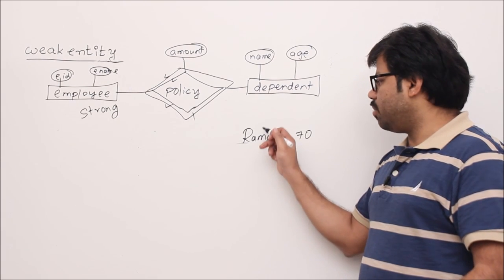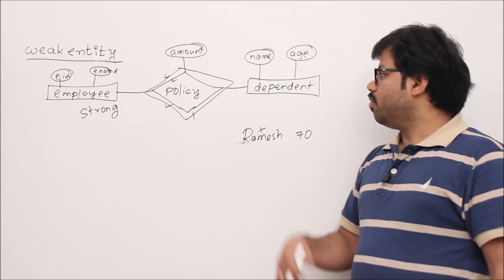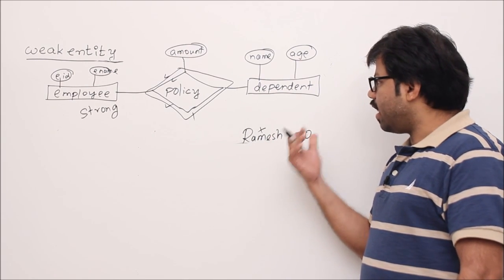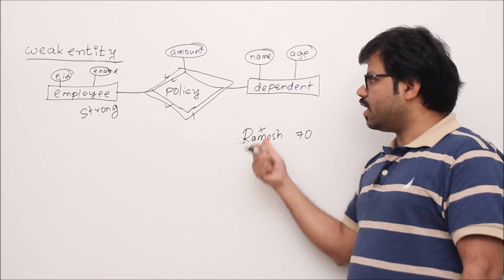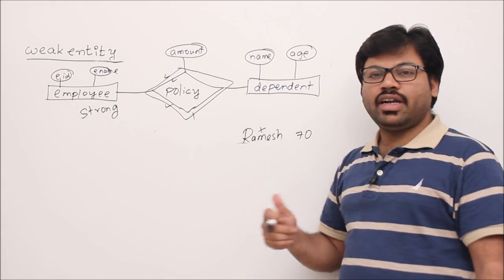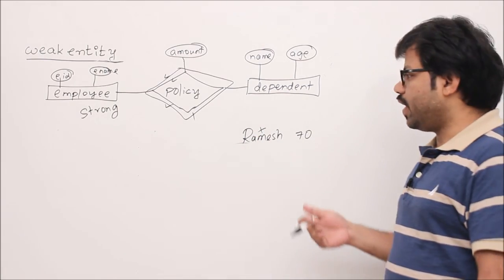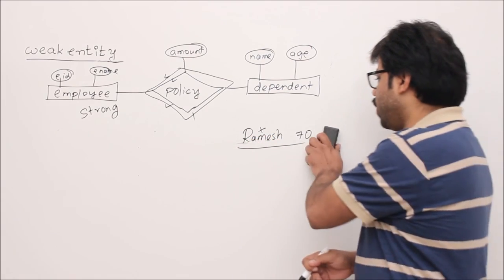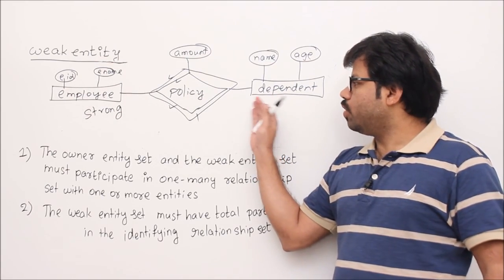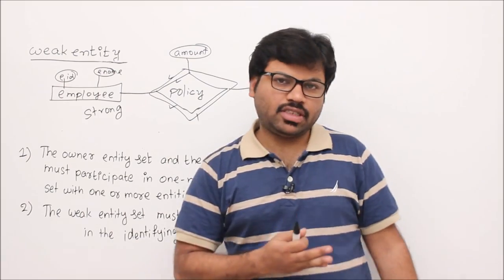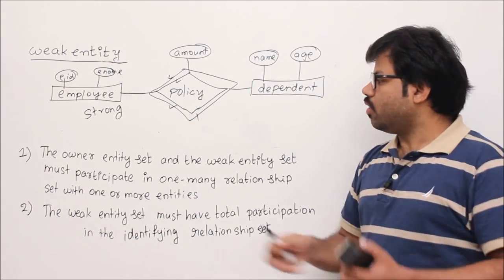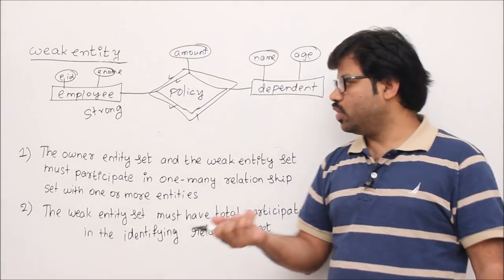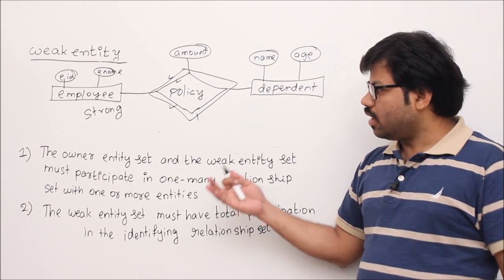Then definitely he is not a dependent of an employee. So Ramesh cannot exist in this dependent entity if he is not a dependent of any employee, correct? That's why it's not meaningful to have this kind of data. So that means we remove it. So finally, the dependent should participate with total participation. That is what I would like to say. Now these two rules you should remember. Of course, you know that, and they are easily convincible.